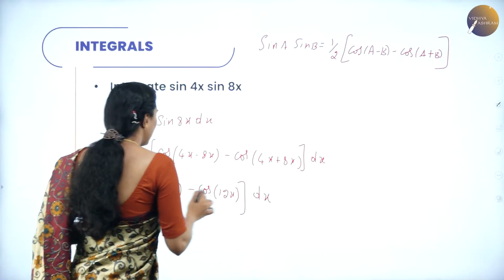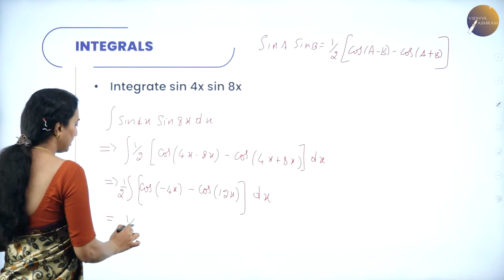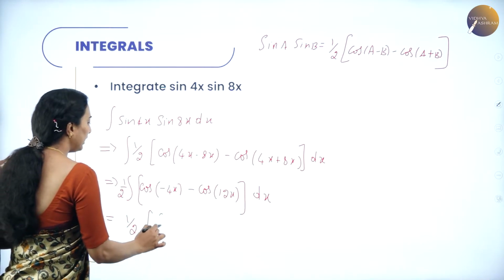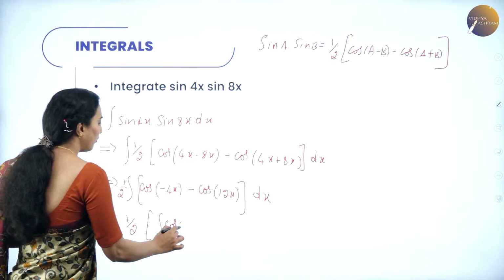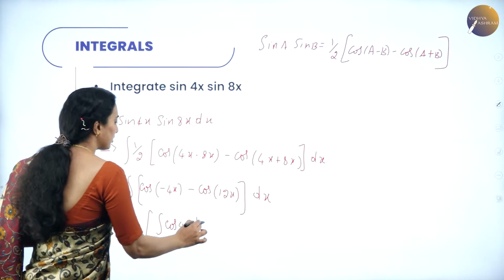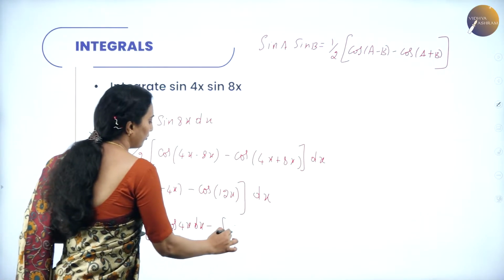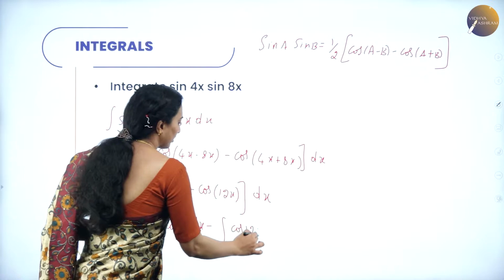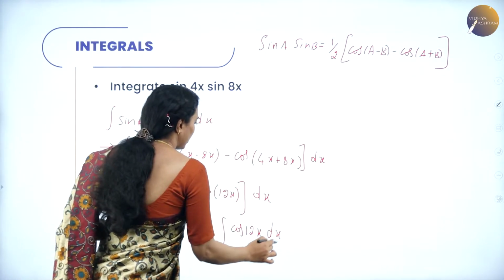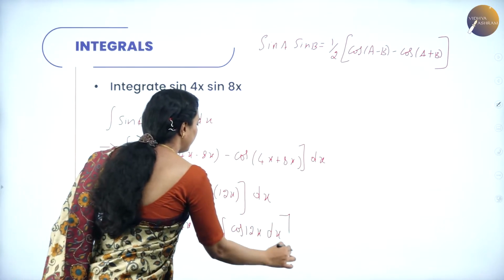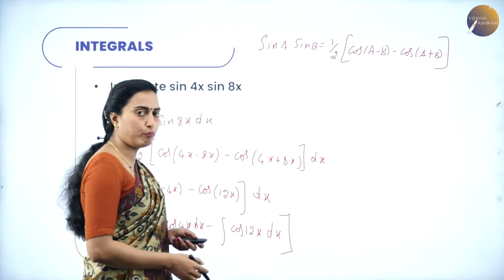Now therefore, cos of minus theta is plus cos theta, half into, separating the integral as well, cos 4x into dx minus integral of cos 12x into dx. Now this will be equal to, half will be multiplied for both.